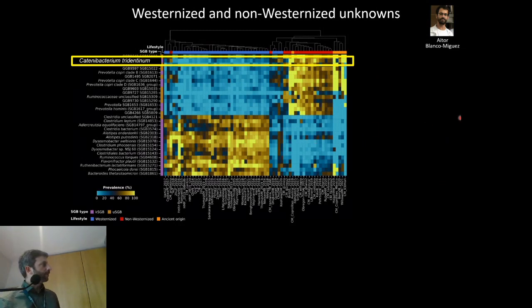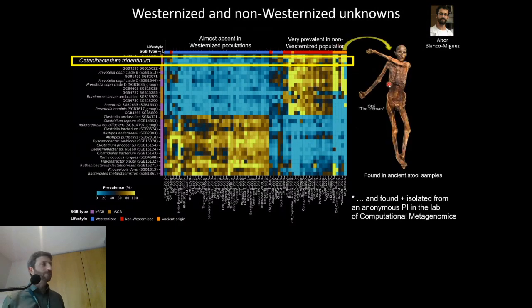From ancient populations is impossible. For non-westernized population is possible. But this species happens to be also in the gut of someone in my lab, and so we were happy to retrieve it. But it was present also in this very ancient guy that is from 5.3 thousand years ago, and was found 100 kilometers from our lab in Trento. So this is the importance of looking at the unknowns.